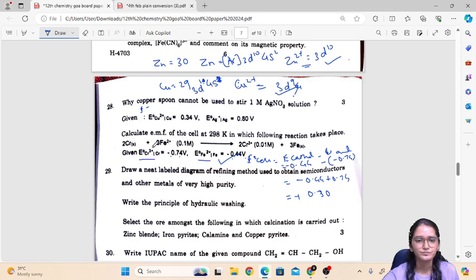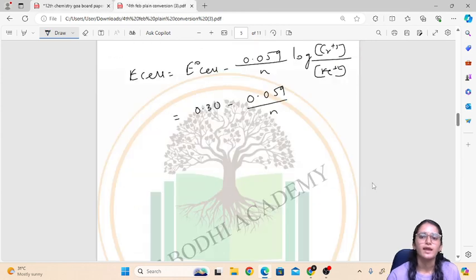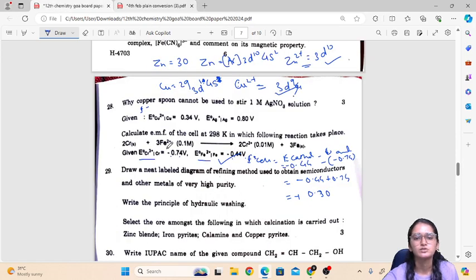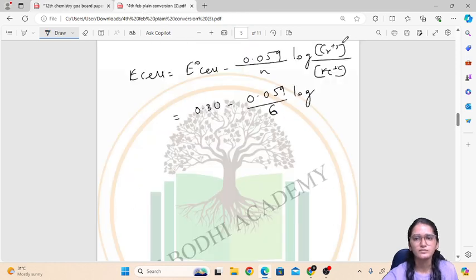You can see Fe plus 2, so 2 electrons, and Cr plus 3, so 3 electrons, but we are taking 3 Fe plus 2 and 2 Cr plus 3. So 3 into 2 is 6, and here also 2 into 3 is 6. That's why the n value will be 6. Then you have to write the concentrations. Since they have coefficients 2 and 3, you write them accordingly: Cr plus 3 raised to 2 and Fe plus 2 raised to 3.